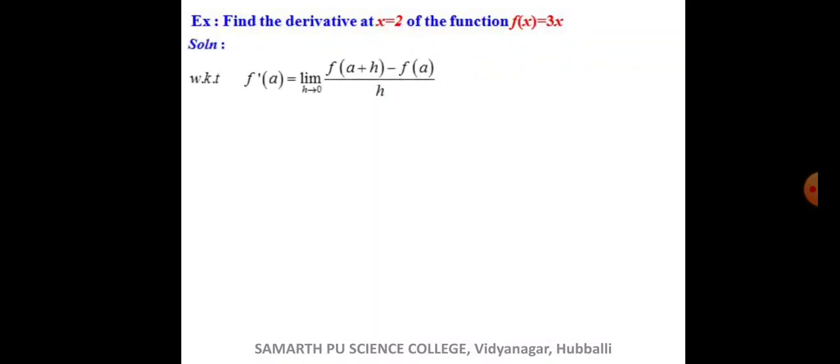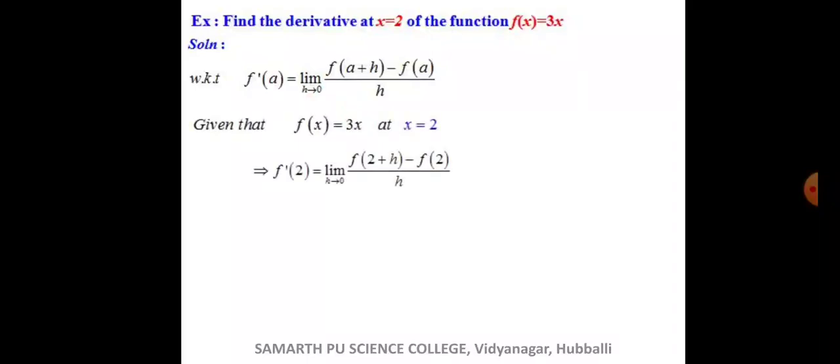We know the limit function definition: f dash of a is equal to limit of f of a plus h minus f of a divided by h as h tends to 0. Here a equal to 2, substitute. So f dash of 2 equals limit of f of 2 plus h minus f of 2 divided by h as h tends to 0.